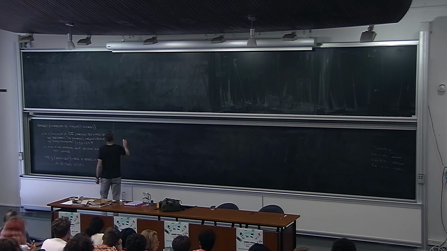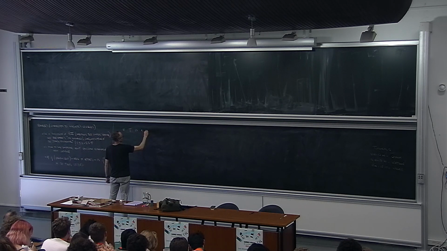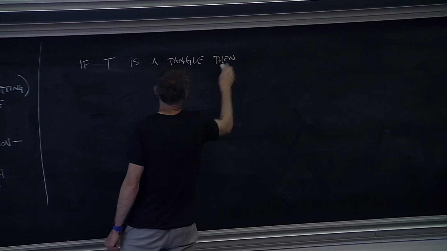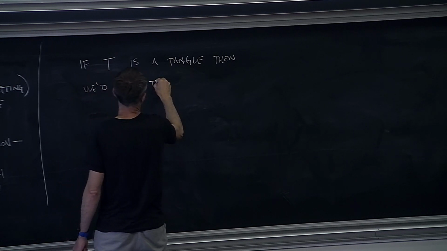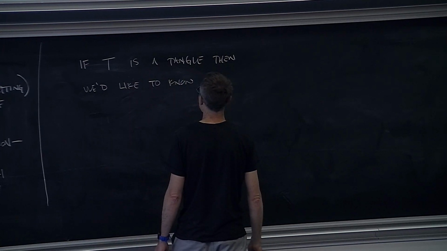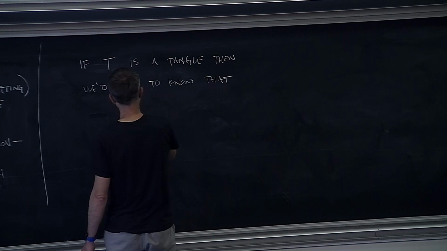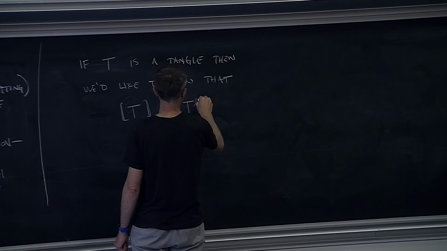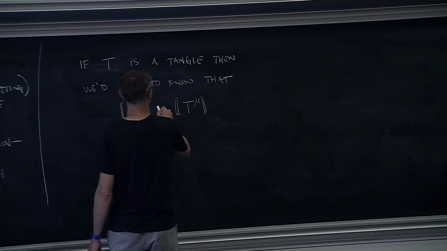So if T is a tangle, remember these are always four-ended tangles in my case, then what we'd like to know, by analogy from the story I told last time, is that the following pair of chain complexes, T and its mutant, are the same, by direct analogy with the Kauffman bracket skein module.